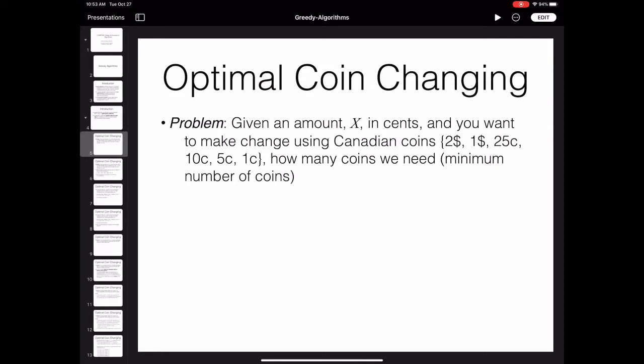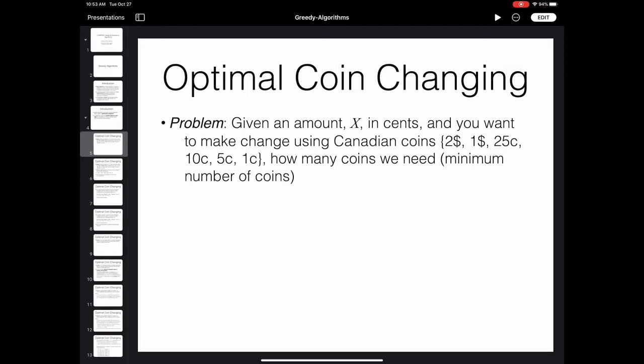We have toonies, loonies, 25-cent quarters, 10 cents, 5 cents, and assume that we have a penny as well. We saw this problem in the dynamic programming discussion: you have some amount of money and you want to change it using this set of coins.